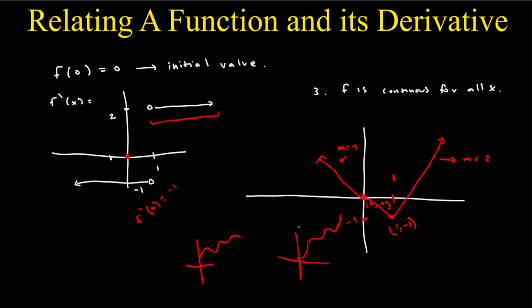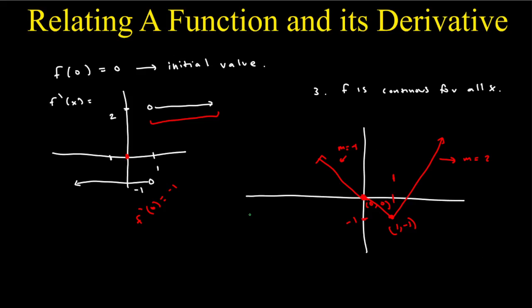But you just have to estimate what the graph will look like, because until you're given equations to work with and other methods, it's basically just qualitatively determining what f looks like from the graph of f prime.